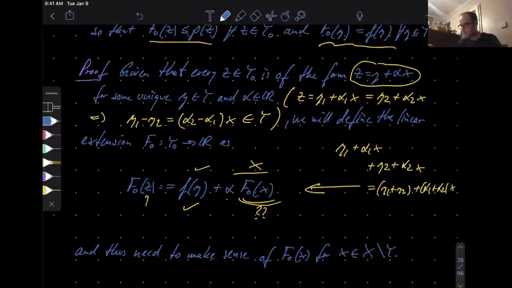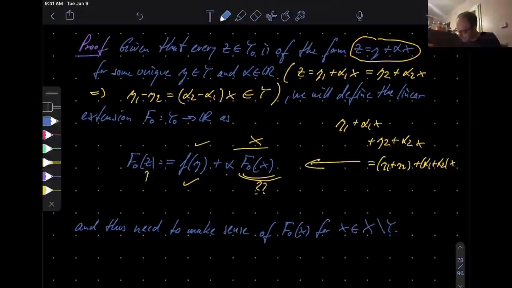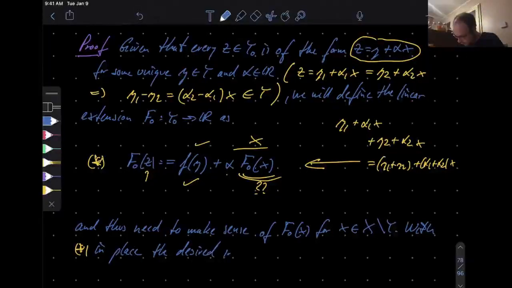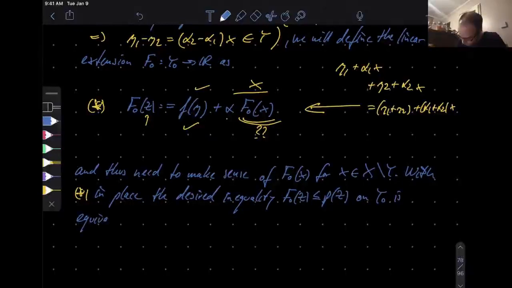All right, good. So now how do we make sense of that remaining piece there? Well, that's precisely where we need that inequality that we just prepared, okay? So with star in place, the desired inequality f0(z) at most p(z) on y0 is equivalent to, and that you should check for yourself.